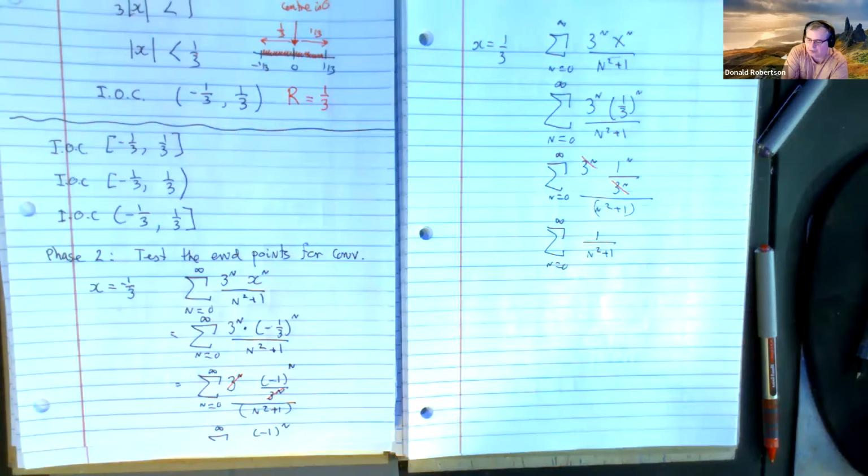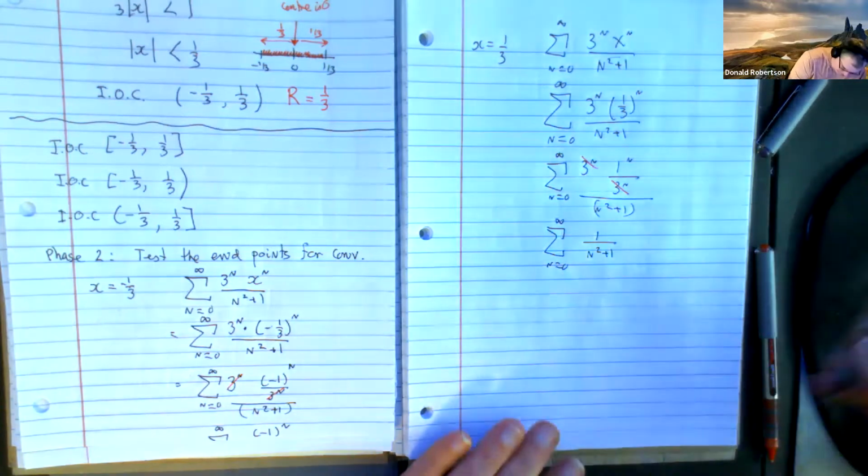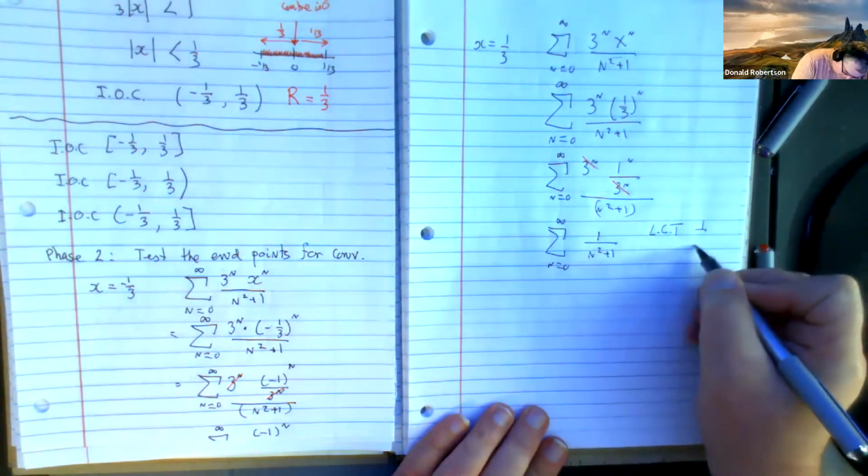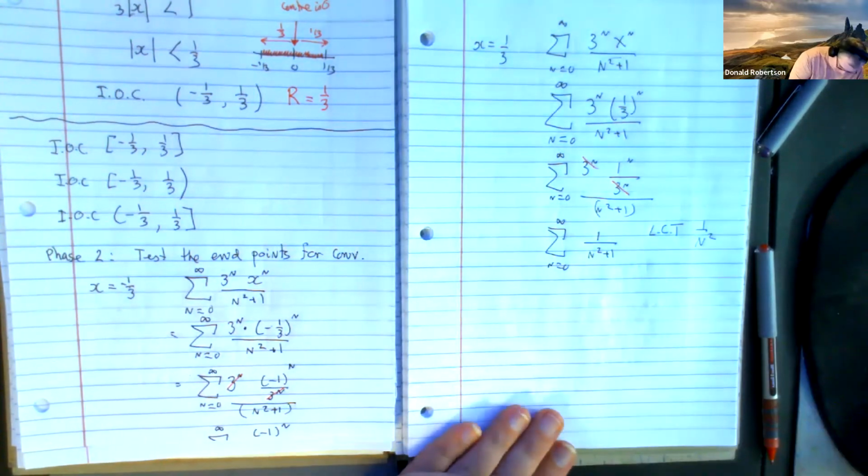One over n squared plus 1. What kind of test might answer, is that convergent or not? You could do a limit comparison test to 1 over n squared.